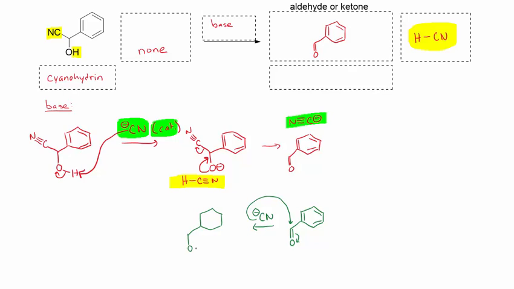That breaks the carbonyl pi bond and gives us an oxygen minus charge and makes the new carbon-carbon bond. We have a stoichiometric amount of HCN that needs to be used in this direction, and so that will be our acid source, a pretty weak acid. And it will protonate to give the cyanohydrin product.